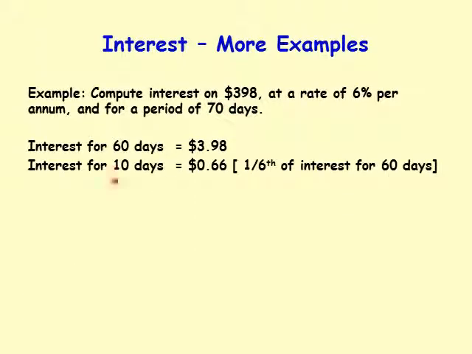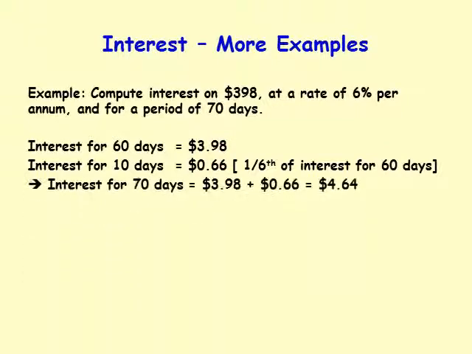Interest for 10 days is 66 cents. I just took 1/6 of that and did some rounding. I'm trying to keep it to 2 decimal places because in US currency the smallest denomination is 1 cent, which is 0.01.